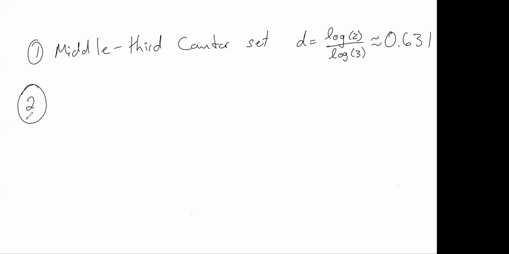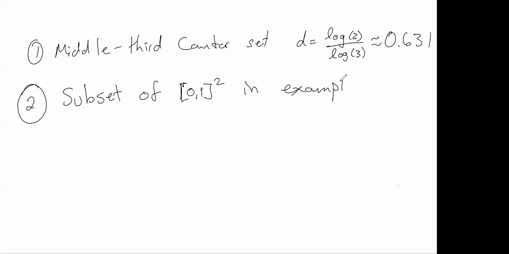And then the other subset of the square in the example, what was the dimension of that? I think it was 1 dimension.